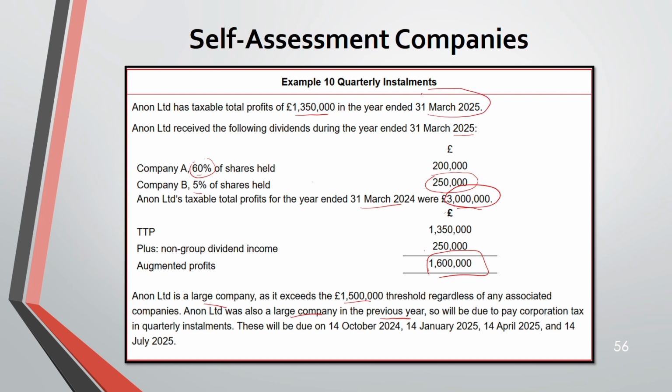When does your accounting period end? 31st March. April, May, June, July, August, September, October. October is the 7th month, 14th of that month. So 14th of October 2024 is the first date. Add 3 months: November, December, January. Add another 3 months: February, March, April. Add another 3 months to April: May, June, July. You see? Because it was a 12-month period, there are 4 quarterly installments. The date is the 14th only.